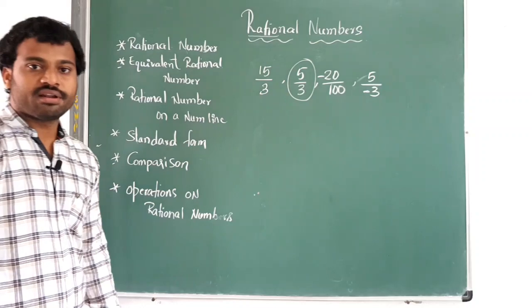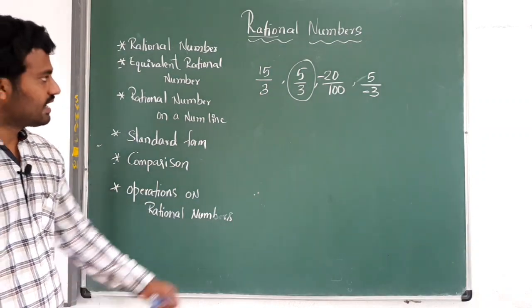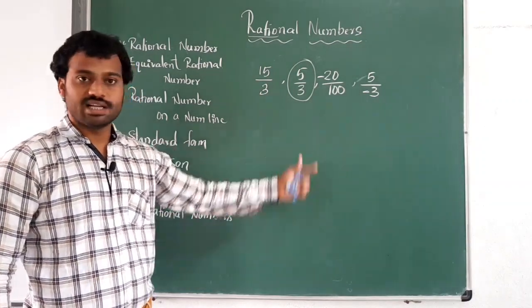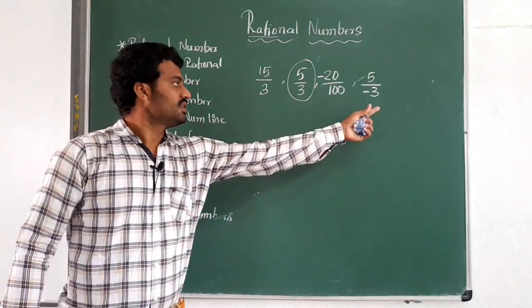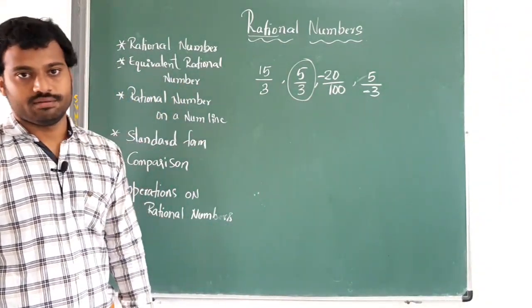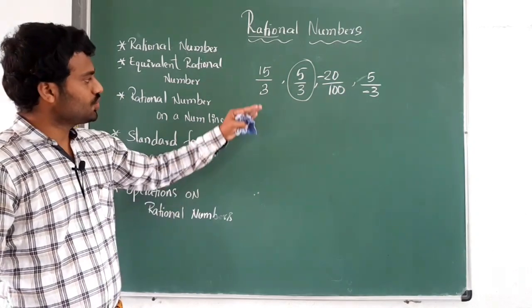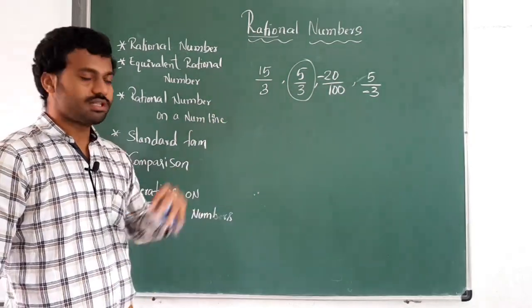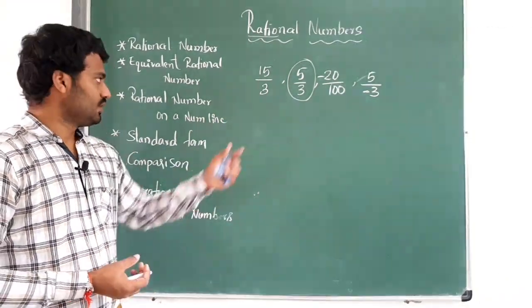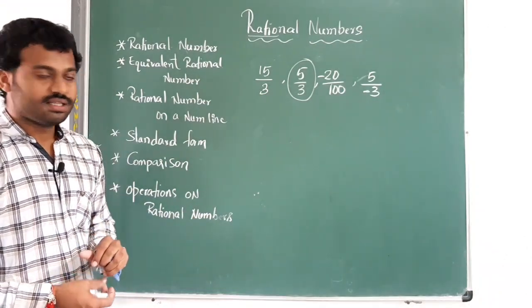The rational number 5 by 3 is in the standard form. This one and these are all not in the standard form. Why? I will tell you why this one is not in the standard form.